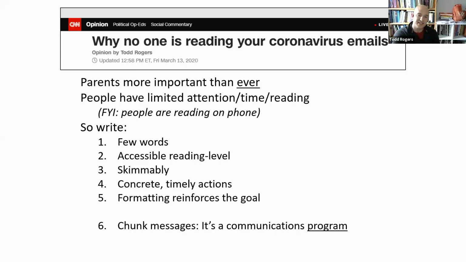And some new things to think about now that we are in many states, and almost certainly in most states, we have two more months of this with regards to school. We know that it's a program of communication with families and not one-off communications. So given that, it's worth chunking the messages, thinking of these as programmatic sequences of communications rather than one-offs.